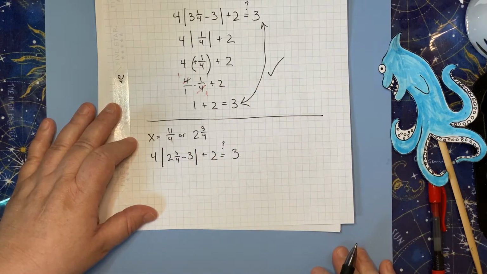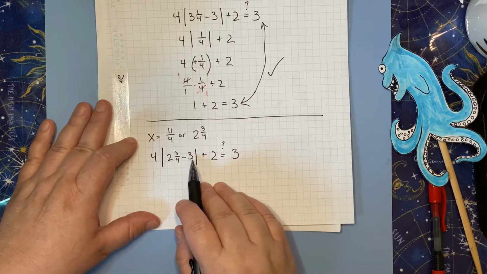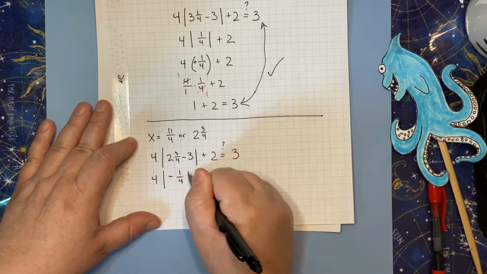Now, since I've already done some of this work, I already know that 2 3/4 minus 3 is actually negative 1/4.